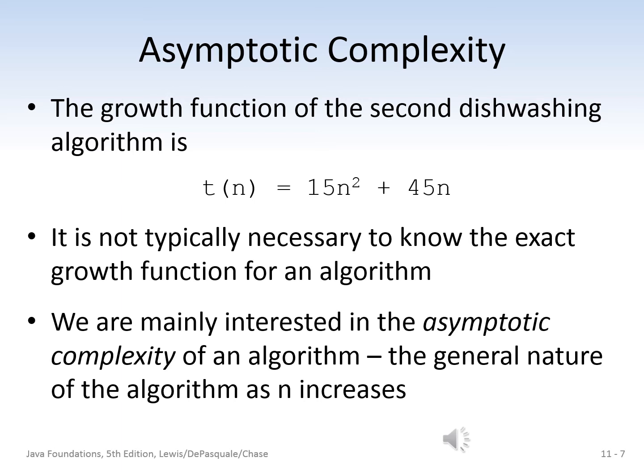We are mainly interested in the asymptotic complexity of an algorithm, the general nature of the algorithm as n increases. And you'll see the factor that's most important in calculating the complexity is the highest power of n.